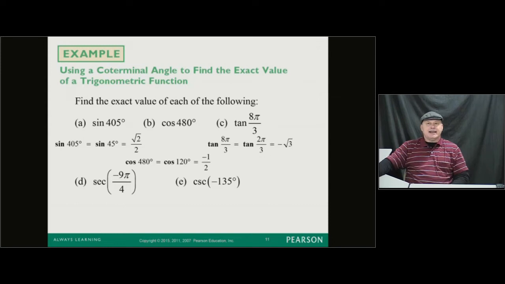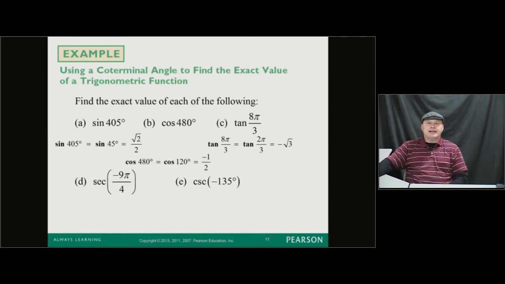Basically, if you take 2 pi over 3 and go around one more time, you'll get to 8 pi over 3. To get to the coterminal angle, I subtracted 2 pi, which gives me 2 pi over 3. So the tangent of 8 pi over 3 is the same as the tangent of 2 pi over 3. Right now, that's good enough, but in the future we'll find out that the tangent of 2 pi over 3 is actually negative root 3.